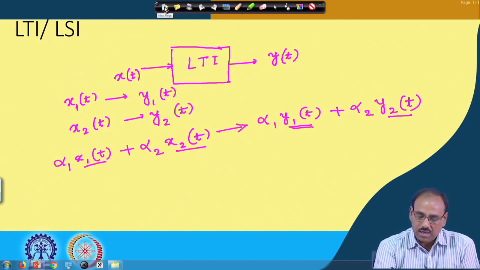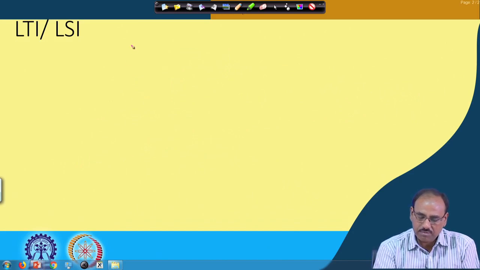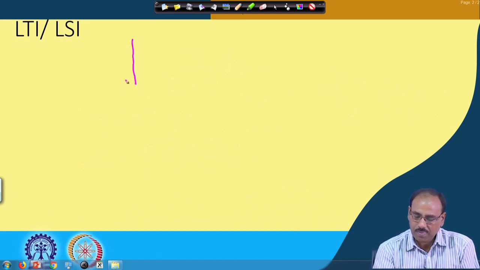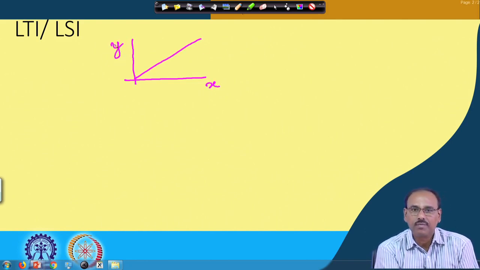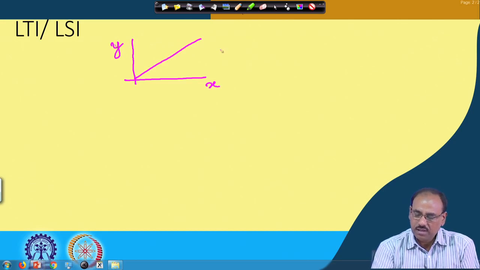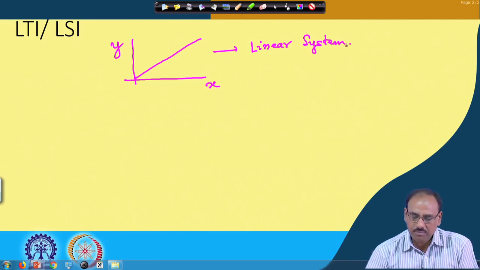Now, suppose a system is having characteristics something like this. This is my input x, this is my output y. Obviously, this is a linear system. Why?